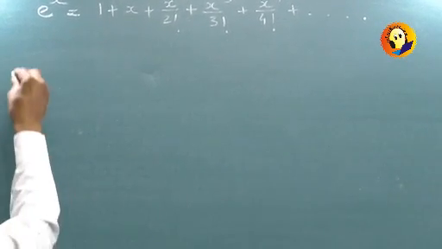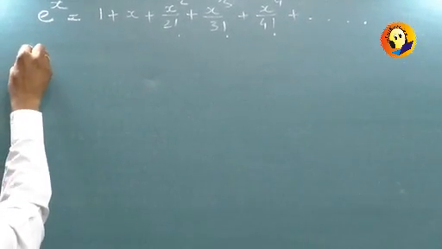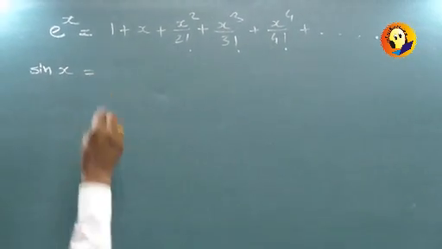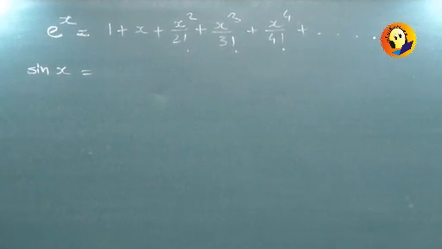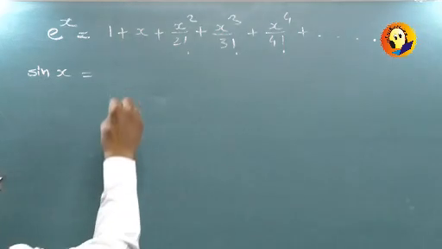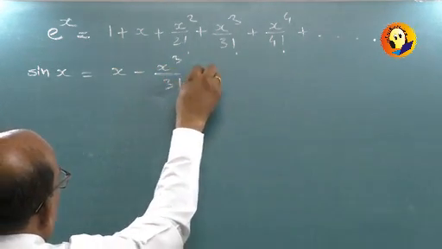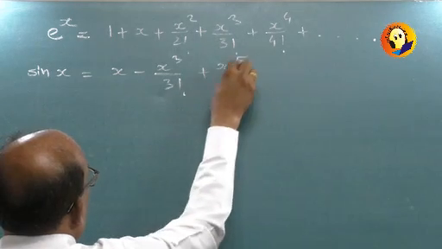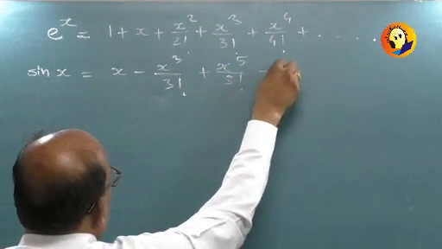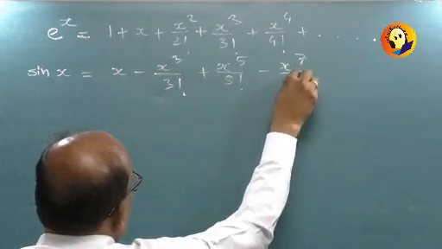What is the series for sin x? x minus x cube by 3 factorial plus x raised to 5 by 5 factorial minus x raised to 7 by 7 factorial.